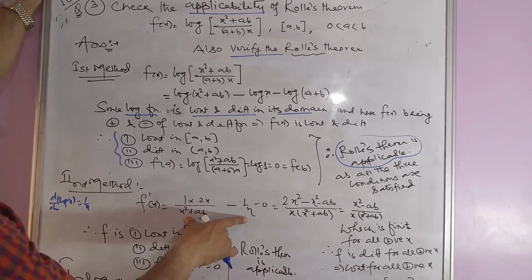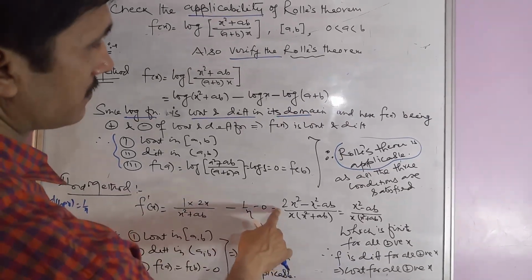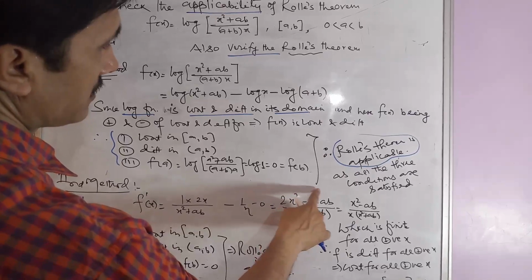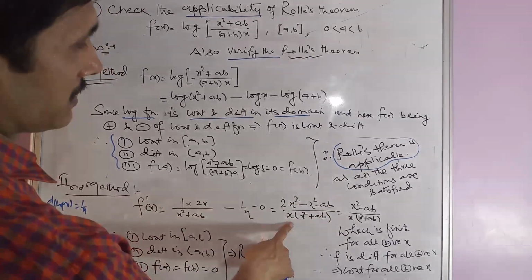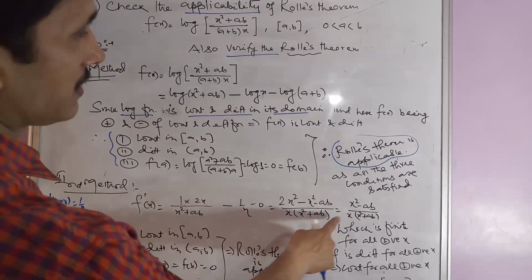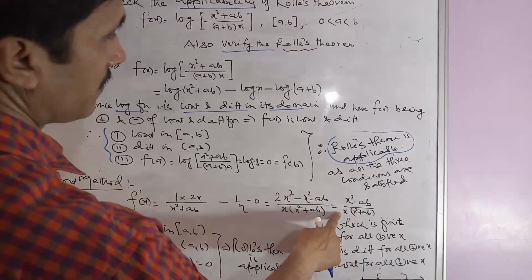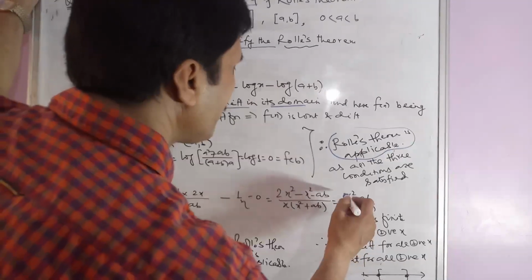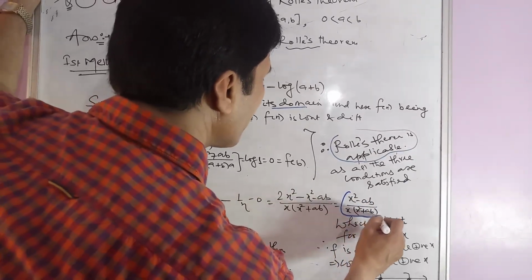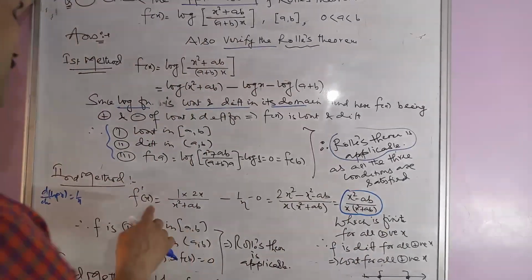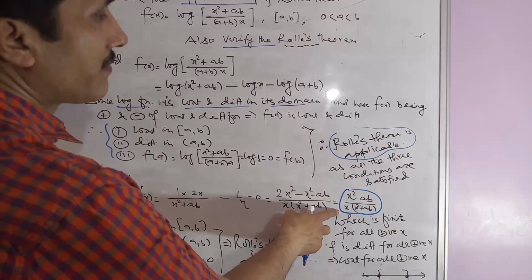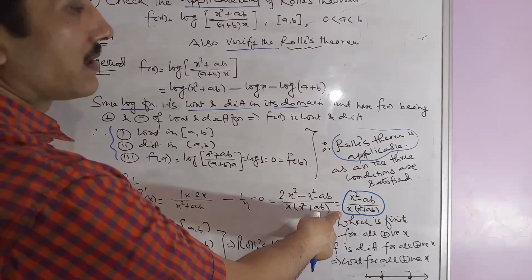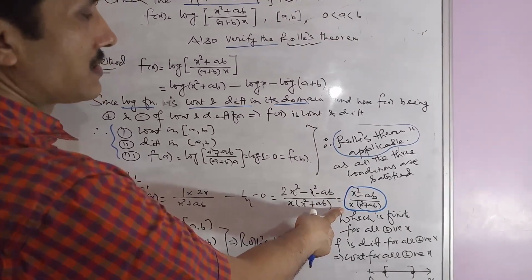After simplification this becomes 2x square minus x square minus ab upon x into x square plus ab, that is x square minus ab upon x into x square plus ab. Here f dash x becomes undefined if x is 0 or x is negative.